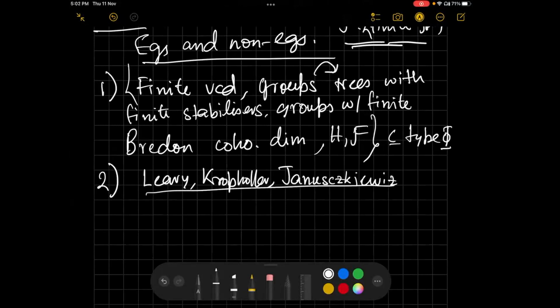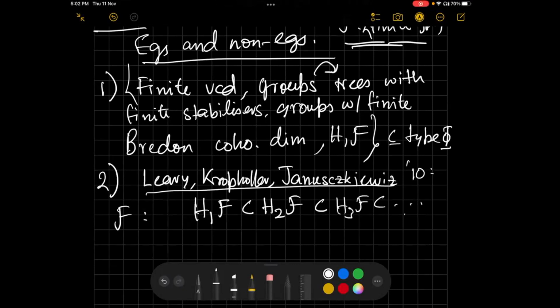Anyway, there was a paper, I believe from 2010, in the Journal of Group Theory, where they showed that if you start with finite groups, then H1F is a strictly smaller class than H2F. H1F groups are of course in H2F, that is not that difficult to show, but it's a strictly smaller class. And this goes all the way up to the first uncountable ordinal.